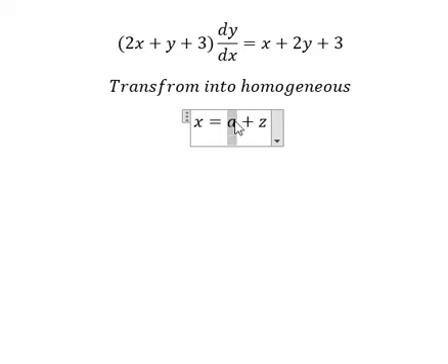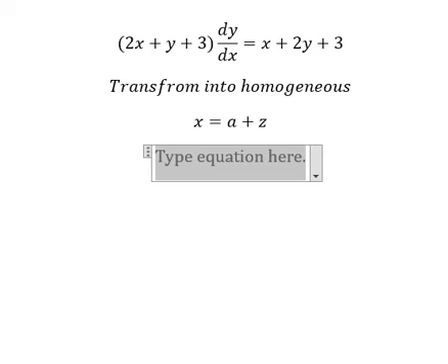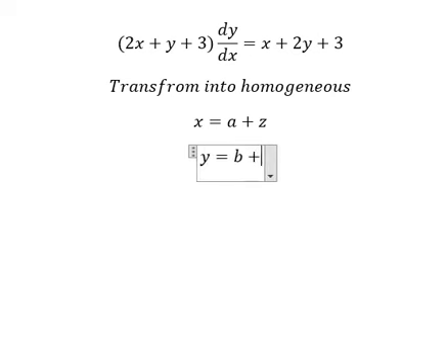So a is the constant, z is the variable in here, and y we need to transform into b plus t. So b is the constant, t is the variable in here.